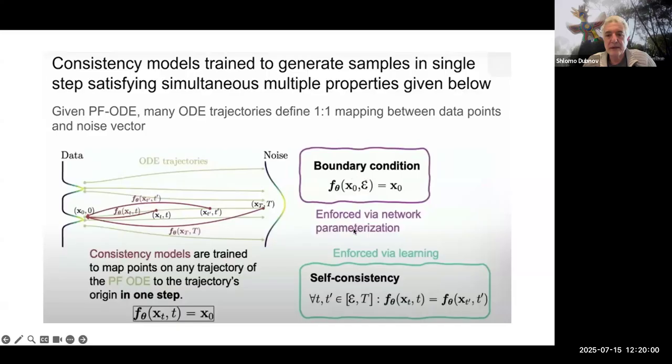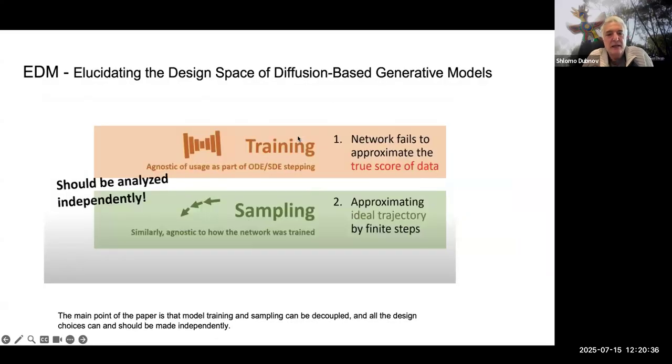It also uses a specific network parameterization, a boundary condition, that combines this with the self-consistency. So the consistency really is the fact that for any t, you get the same function that maps everything together. We won't get too deep into consistency. I wanted to introduce this concept and summarize.